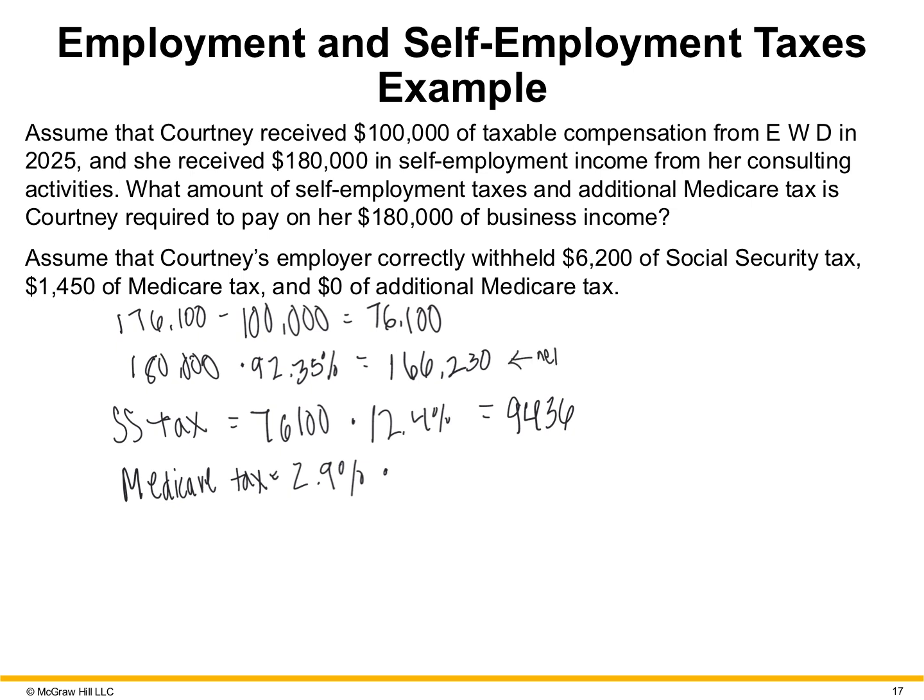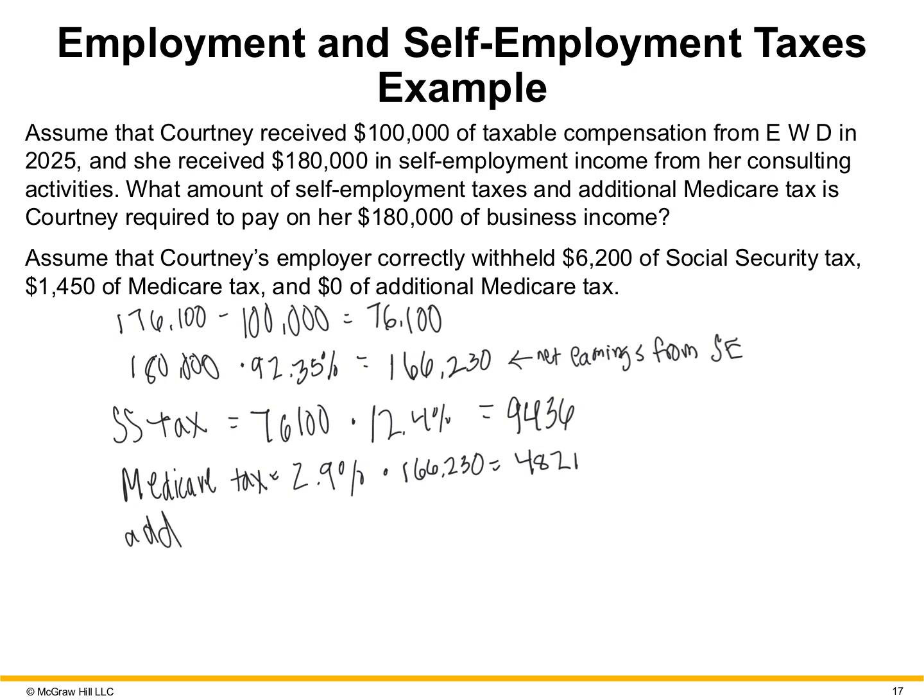So this is our net earnings from, and I'll abbreviate self-employment as SE. So we take our 2.9% and then multiply that by 166,230. And that gets us $4,821 in Medicare tax.